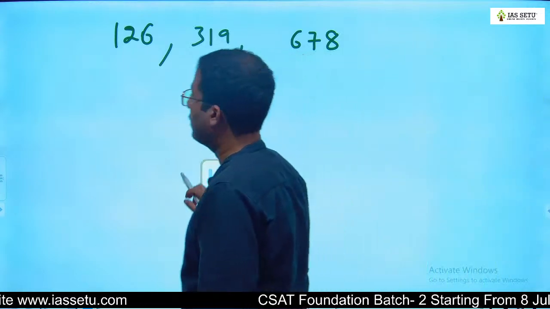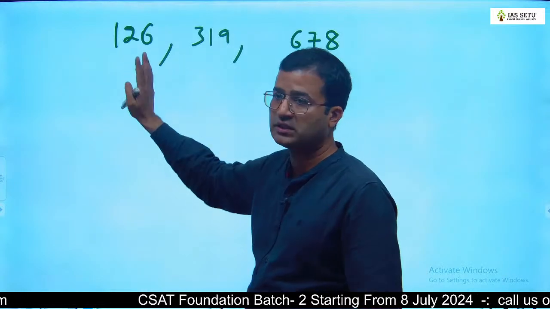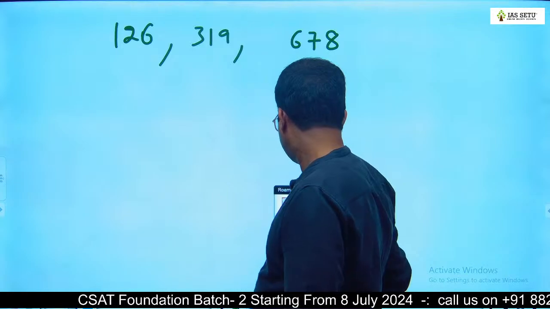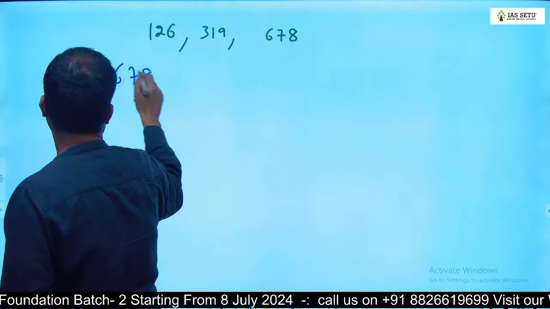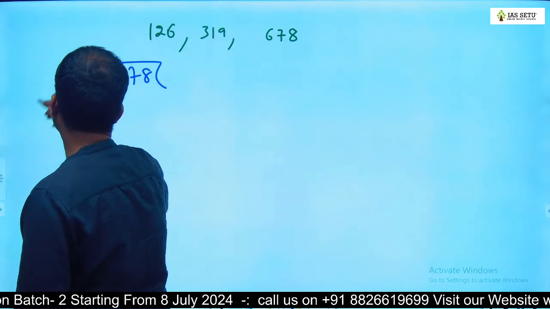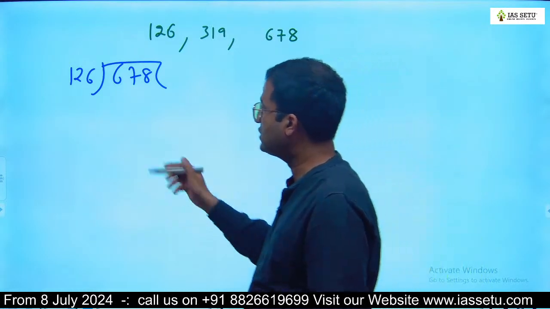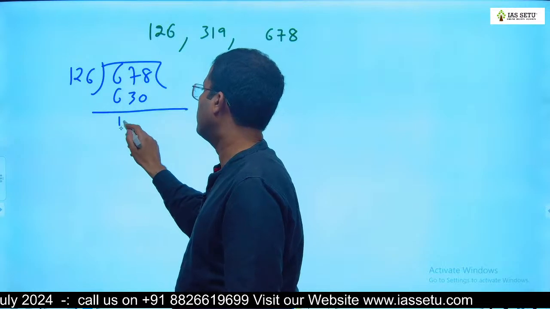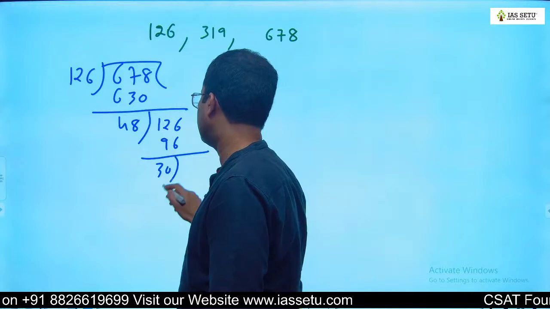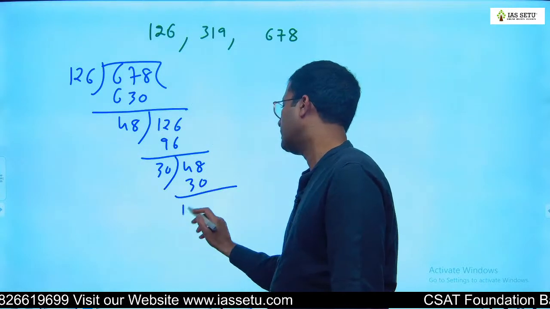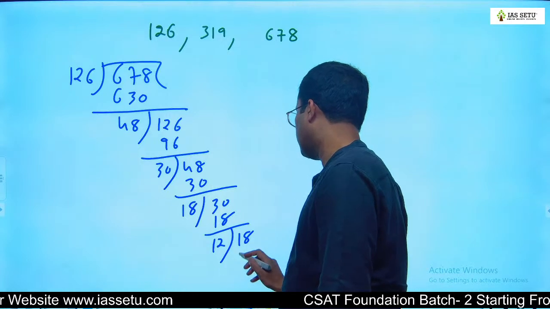Okay, so it's up to you. You can check this and this first, largest or small. 678 I divide by 126, 630, 48, 30, 48, 30, 18, 12.